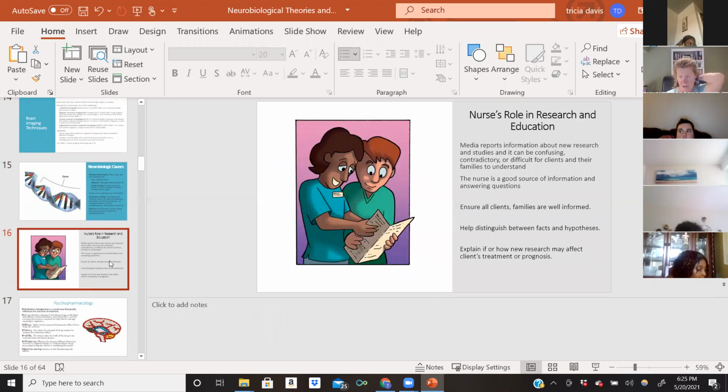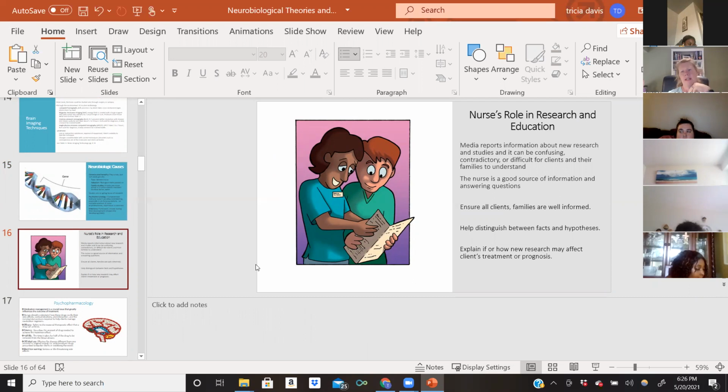So what is the nurse's role in education and research for mental illness? Media reports information about new research and studies all the time. It can be very confusing for our patients. Some of the information that we have or that they get can be very contradictory.